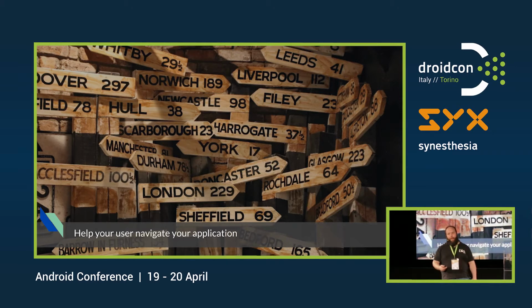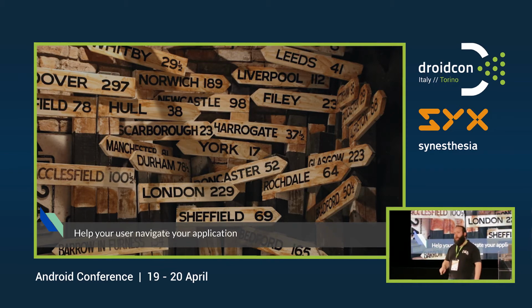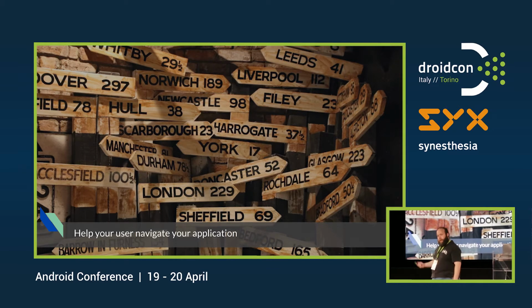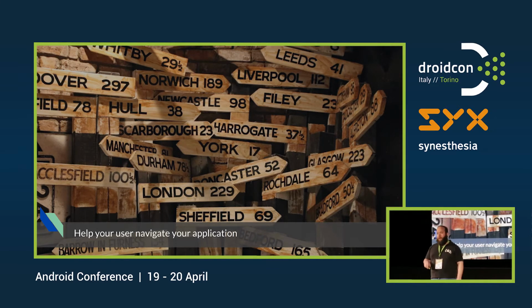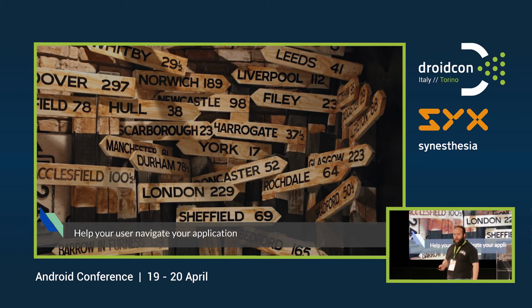If you come to Palermo, you will find a lot of these wrong road signs, and you can get lost. We don't want our users to get lost in our application. They can wander in it, but we always want to guide them to use our application to the best of their possibility.